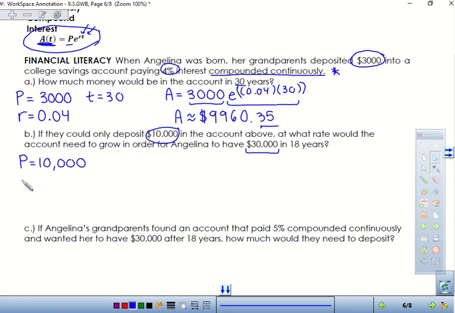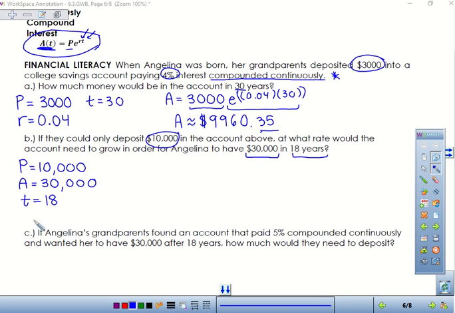That represents what? A, because we want the account to have that amount at the end. 18 years is represented by T. So what letter are we going to be solving for this time? R. So we need to find R, okay?